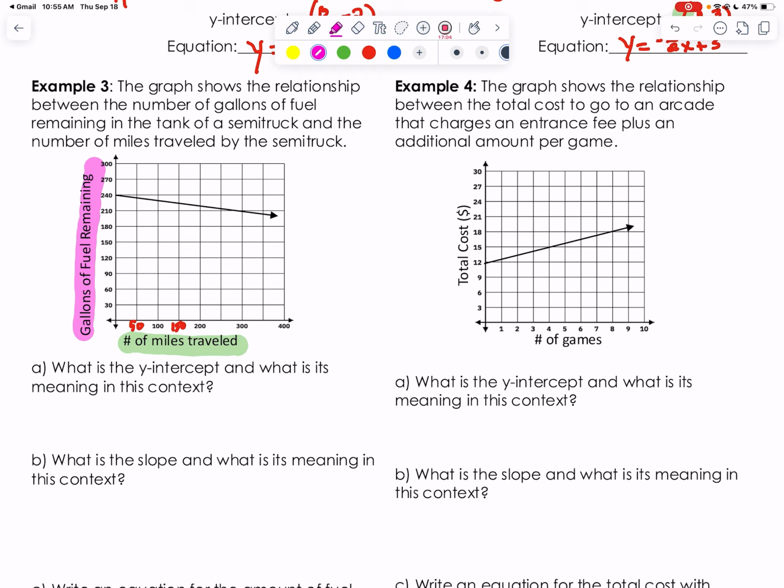All right. So the first thing they want to know is, what is the y-intercept in this equation, and what is its meaning? So I'm going to put a point because it's not on here. Grab a different color. Here is the y-intercept of this line, and it is at 0, 240. Now, remember, the y-axis, we've plotted the number of gallons remaining.